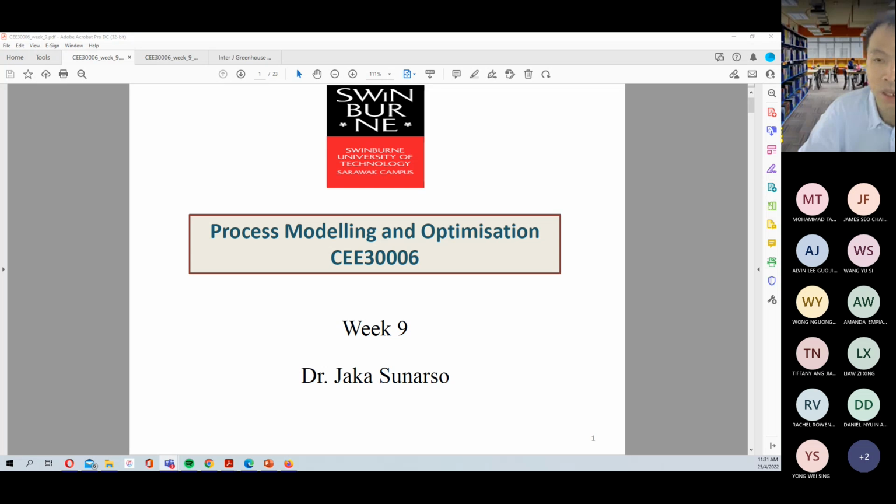So in essence, this modeling and optimization is a very wide subject, meaning that I have to cover so many models from the beginning until the end. At the same time, I also have to cover the numerical methods, and the 2 software packages to give you an introduction or a feeling of how MATLAB is working and also how Aspen HYSYS is working.